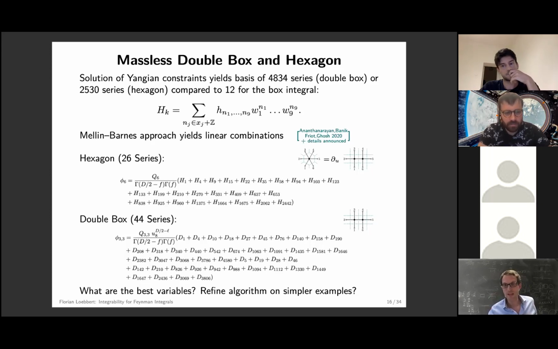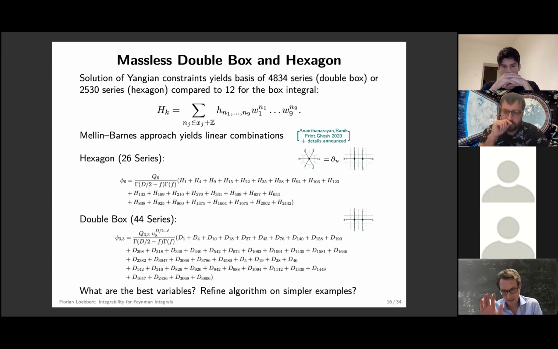Yes, you can do this. In our paper, we also have discussed some of these limits, but I don't think they will fix this linear combination, because you see it's a linear combination of 26 series. You will have to fix 26 coefficients. I don't think one can find them in this way.